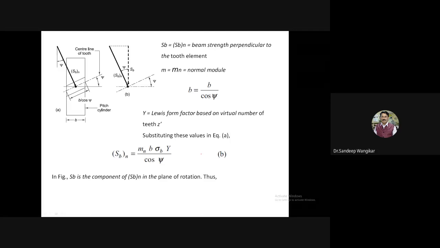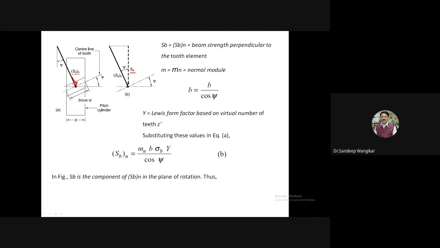So what will be the modification? See the diagram here. This is SBN, our beam strength, the load that the tooth can transmit without bending failure. We consider an imaginary spur gear in a plane perpendicular to the tooth element.